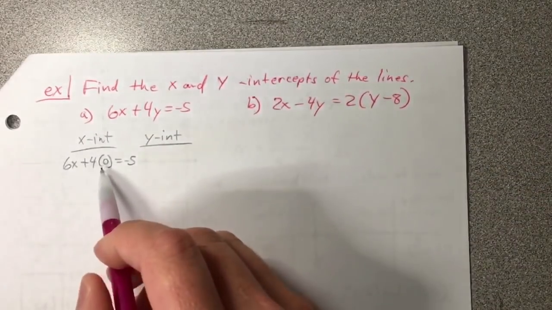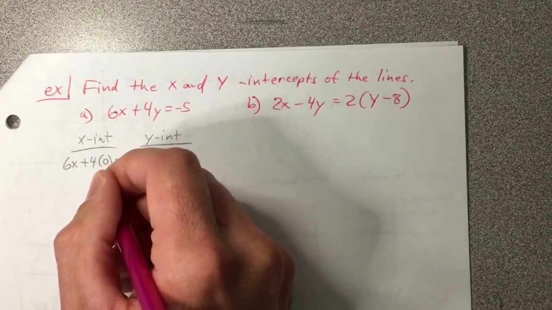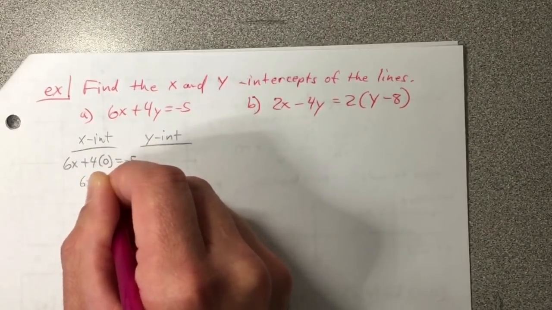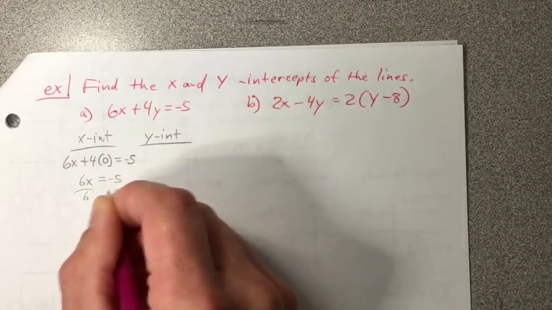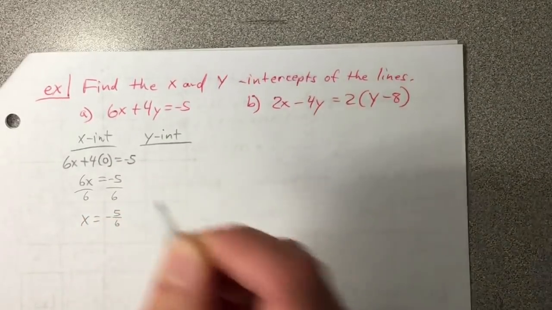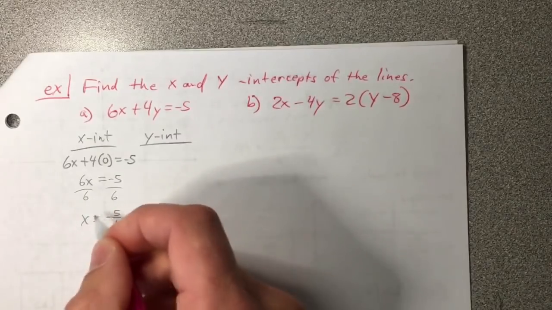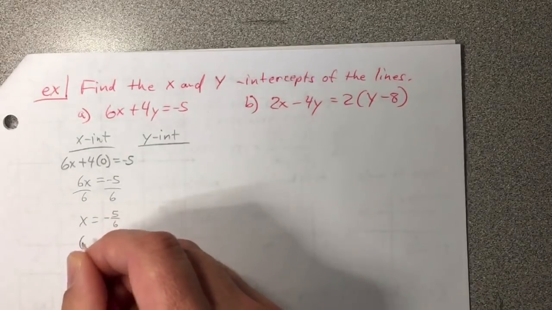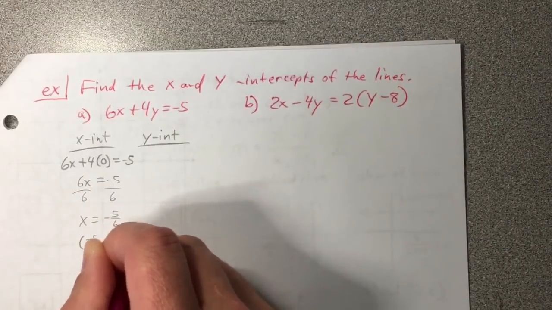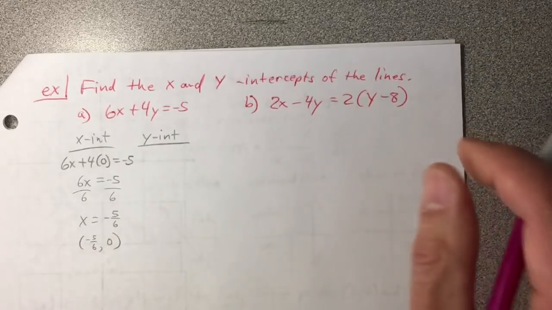But you actually put it into your equation and then solve it. 0 times 4 is 0. 0 plus 6x is 6x. Divide by 6, and our x-intercept is at negative 5/6. Now, a lot of teachers will accept this. I prefer it if you actually write out for the x-intercept a coordinate. It's a point. It's negative 5/6, 0.